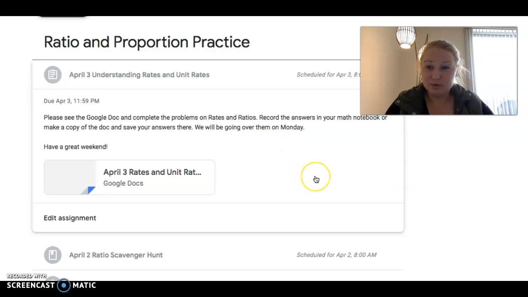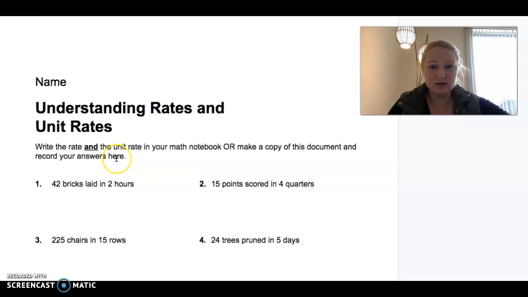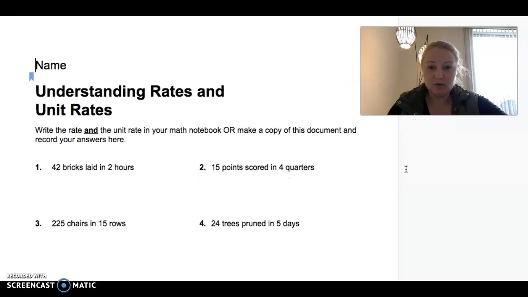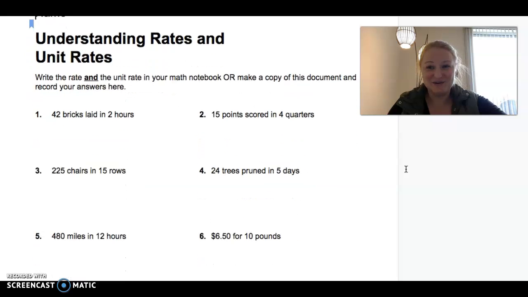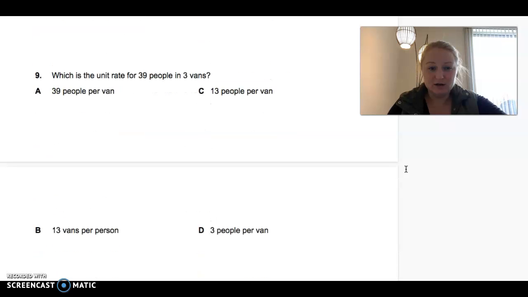You can complete these problems by making another copy if you want to just do it digitally, or you could record your answers in your math notebook. Either way for the practice problems is fine, and then we're actually going to talk about them together next week. So if you click on the Google Doc, it will take you to understanding rates and unit rates. Again, do this in your notebook, or you can make a copy of the document and just record your answers here in Docs. So some problems for you to work on today.